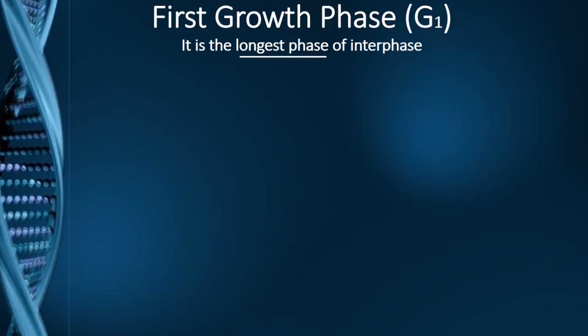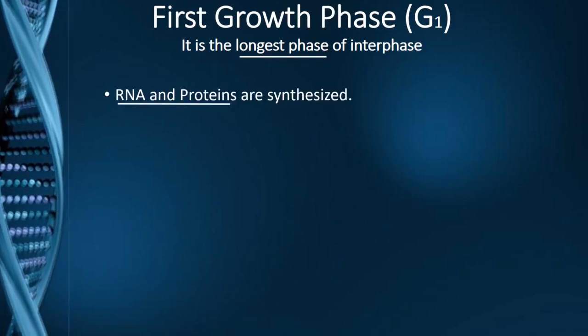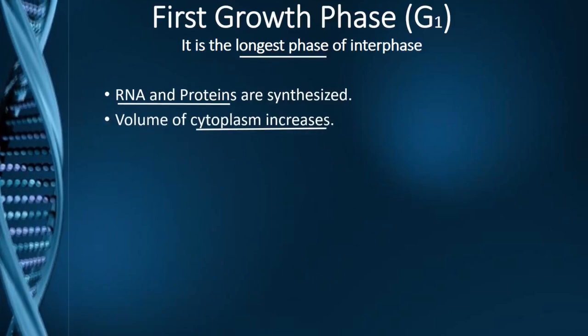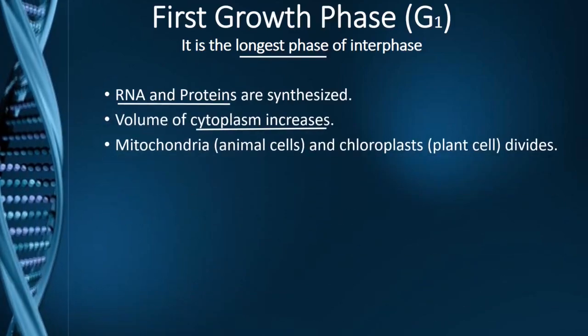What happens in this phase is RNA and proteins are synthesized, volume of cytoplasm increases, and mitochondria and chloroplasts divide. These are some of the preparations which the cell is doing in G1.